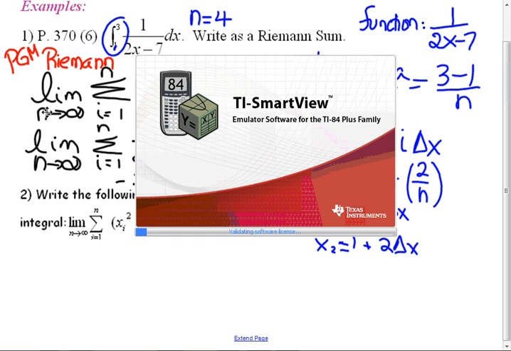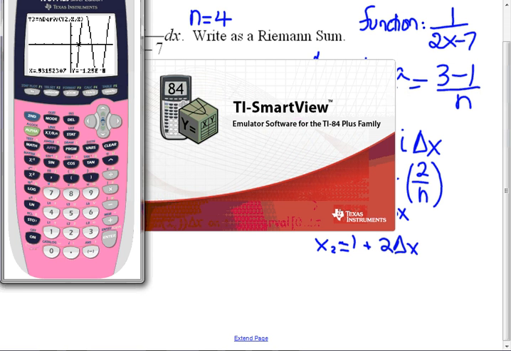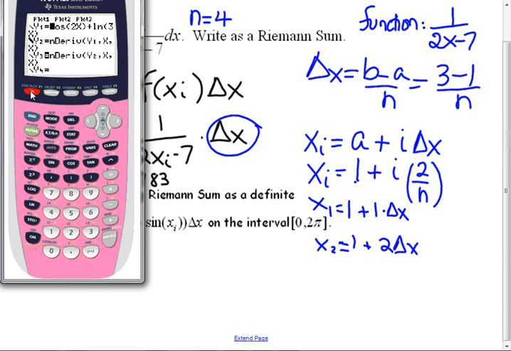Okay, I'm going to put the function in y equals, because I like it there.